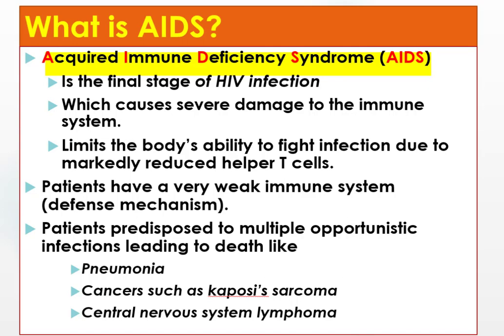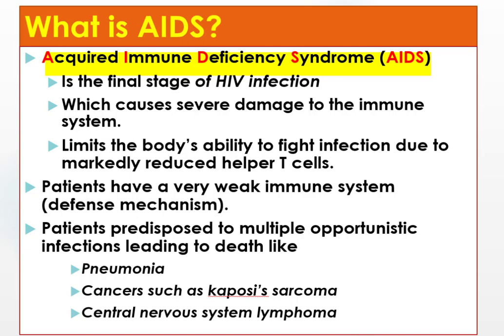As the name tells us, a person that has AIDS shows syndromes or signs of deficiency of immune cells, because HIV causes severe damage to the immune system and limits the body's ability to fight infection, due to a marked reduction of T helper cells through the action of HIV.